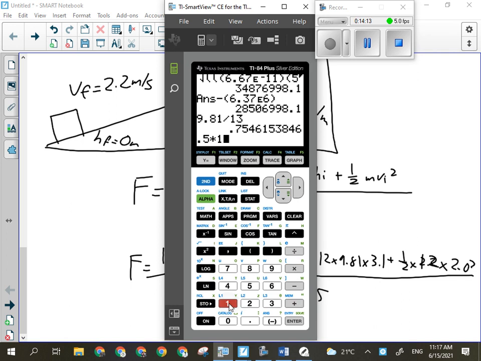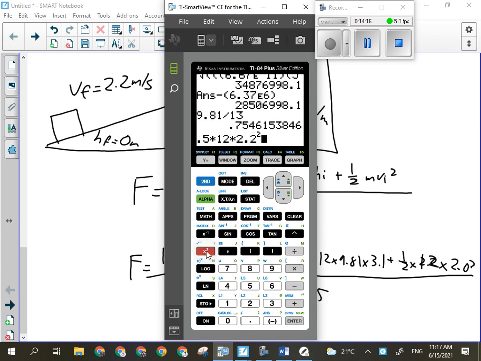0.5 times 12 times 2.2 squared gives me that.